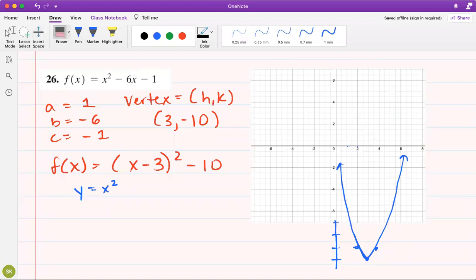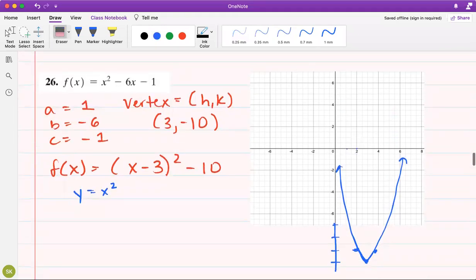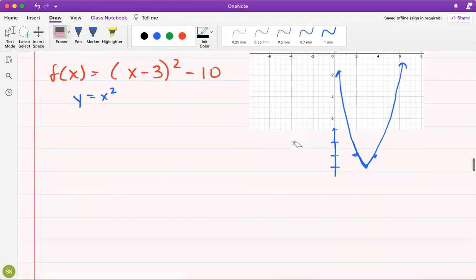And the axis of symmetry is x is equal to 3, which is the h value. And you can see whatever's on this side would be flipped on this side as well. Now you don't have to use transformations to graph this. Remember, all you really need is the vertex and another point.